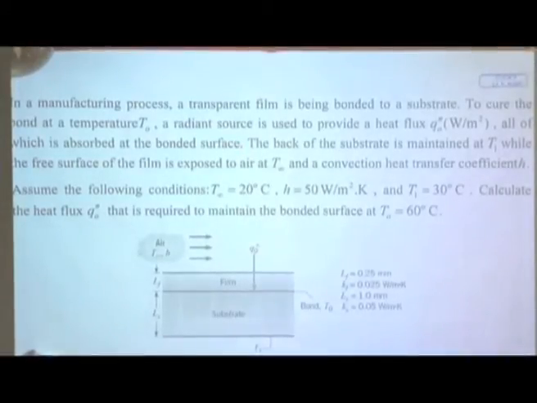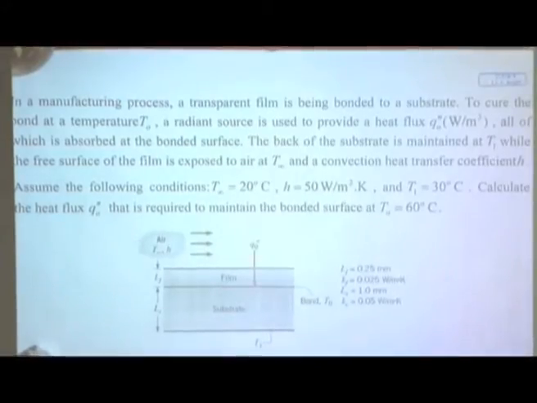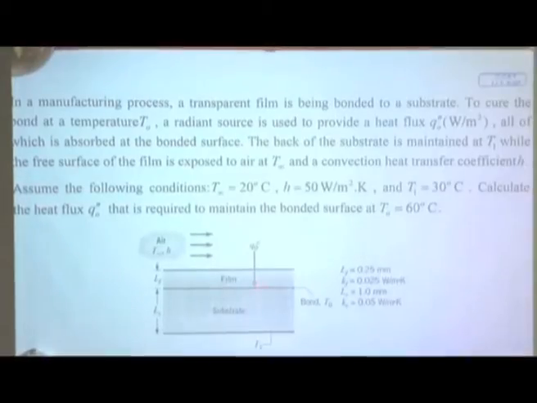That means this radiant heat comes through the film, where the film acts as a transparent medium, and all the heat which is being incident there is being absorbed by the substrate. Okay?